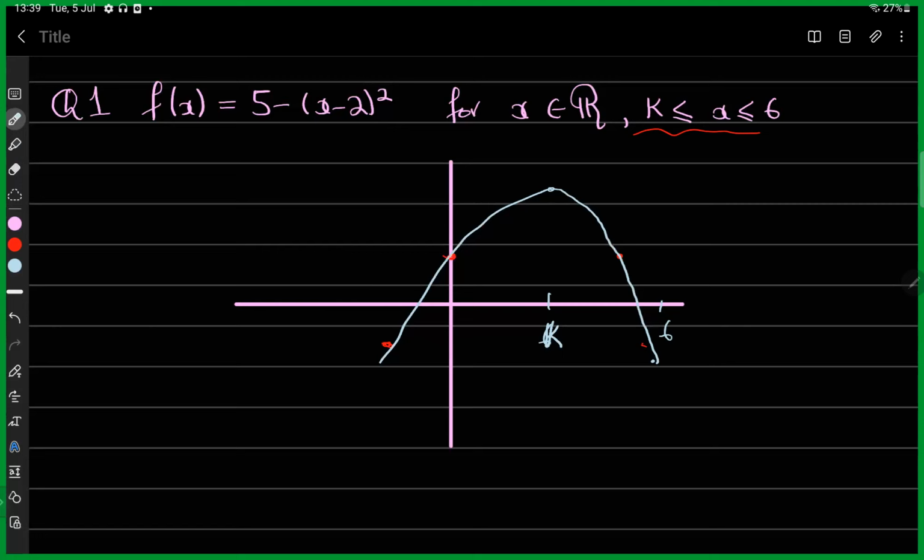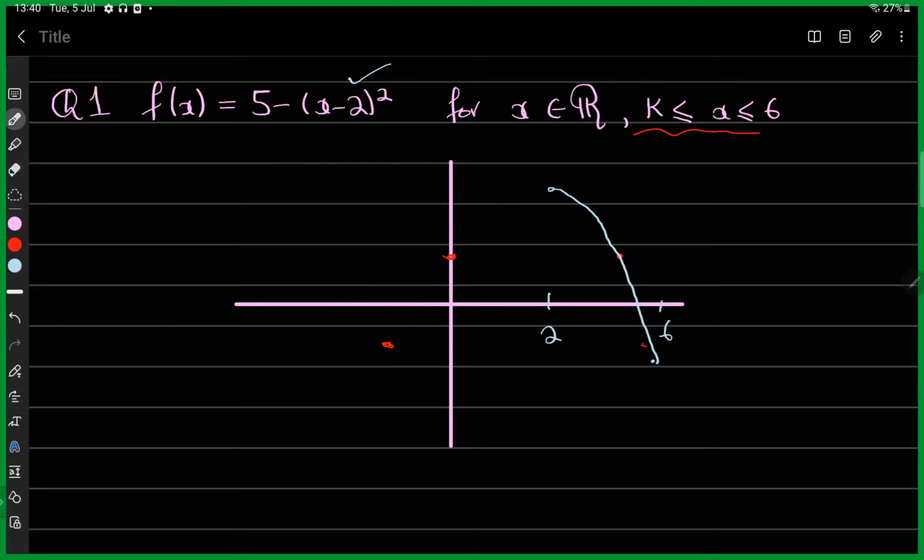This is not 1-to-1. So in order to make it 1-to-1, we had to just restrict our domain between k and 6, and the smallest possible value of k in this scenario was basically the x coordinate of the vertex, and that was 2. Okay, this is why it was 2. So this was something that we discussed yesterday. Okay, now we got the value of k as 2.